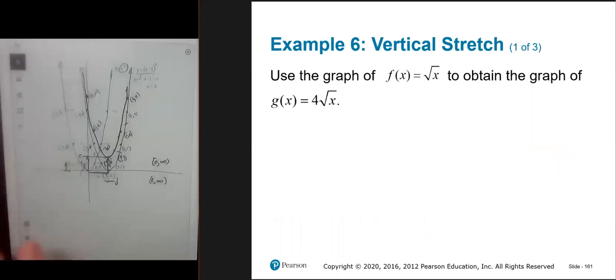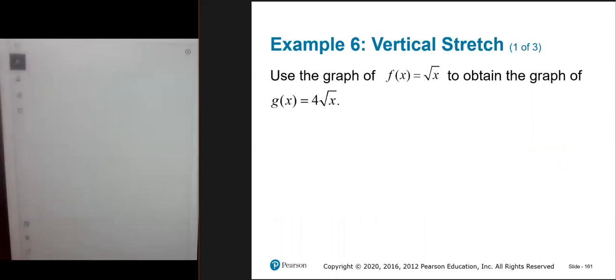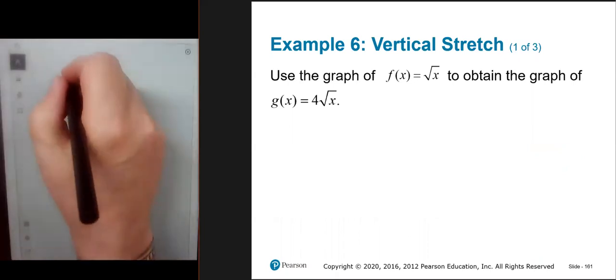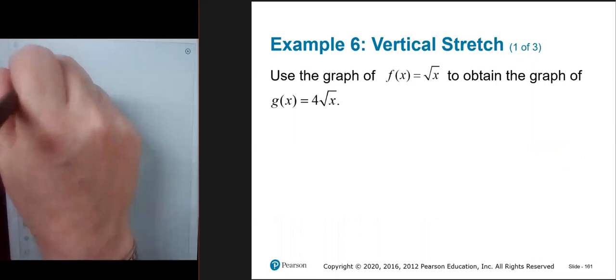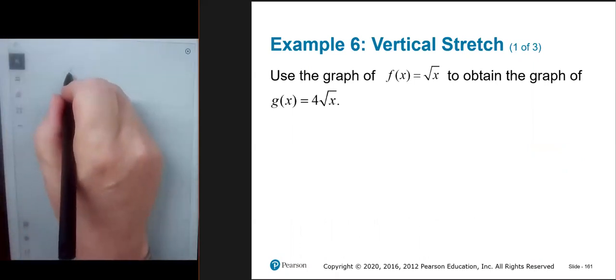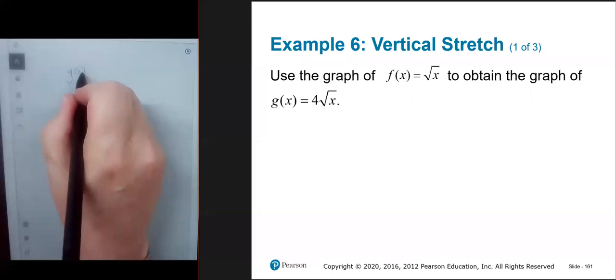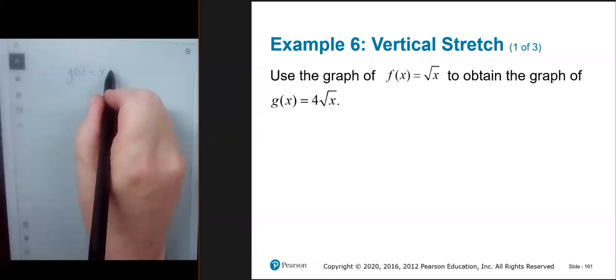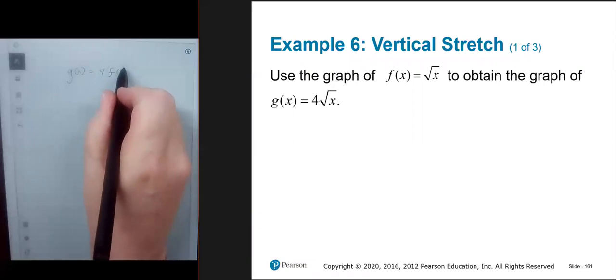Now we start talking about stretches and compressions. Vertical stretch: whenever we're talking vertical, we're talking about what happens to the y value. In this example, g of x, all I'm doing is multiplying f of x by 4.